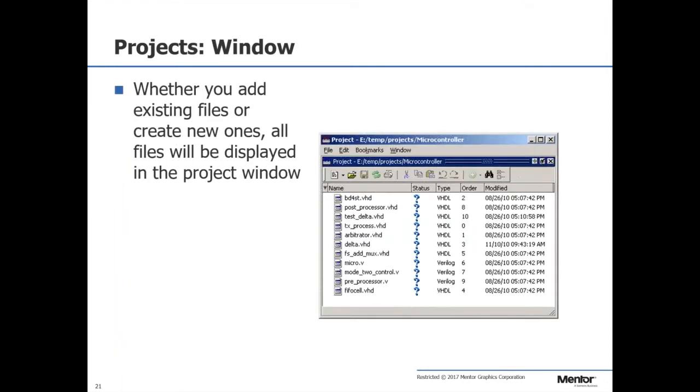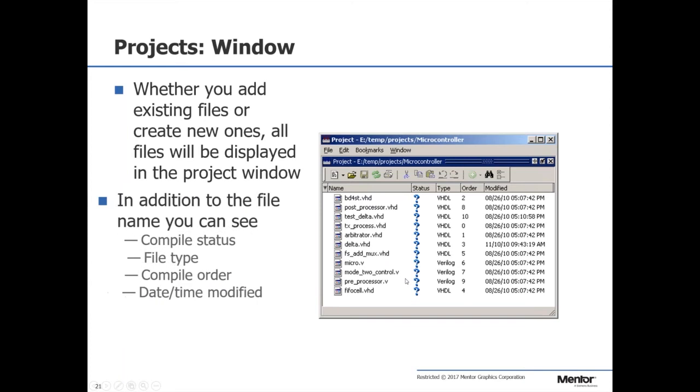So once you have a project, you can then say, okay, I want to add a bunch of files to my project. So you can say add to project, and you get a little browser and you can add different files from different places, and those all then get added as files within your project.